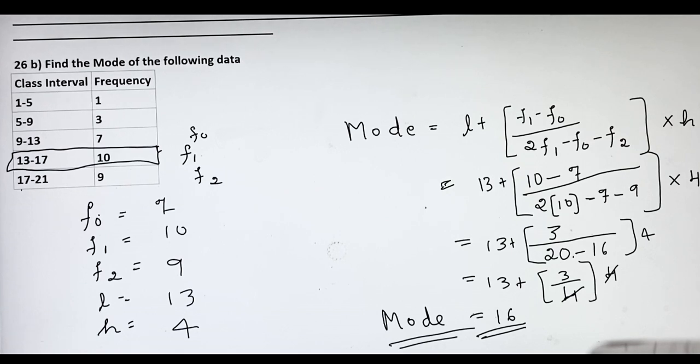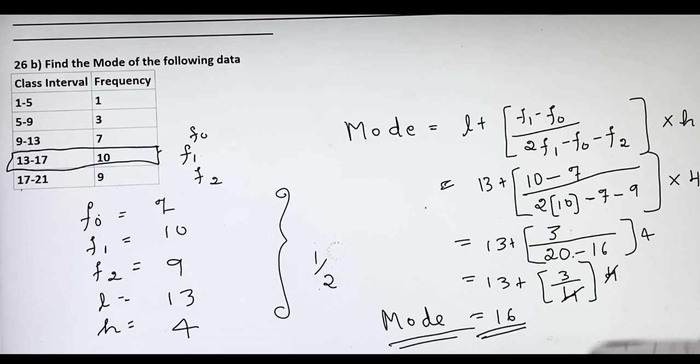If you do this, you get 3 marks. But how these 3 marks are split among all these steps, I'll tell you. If you write the given data, that is F0, F1 values, we get half a mark.